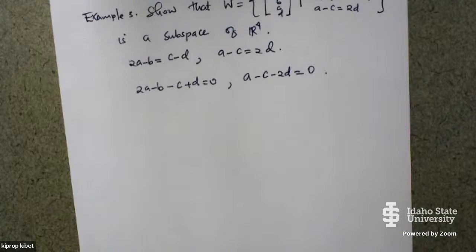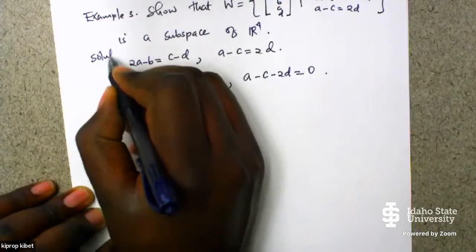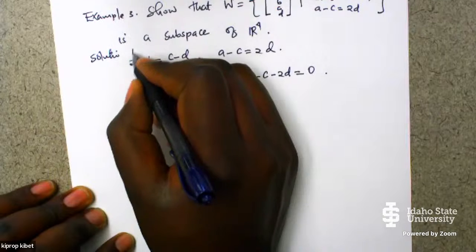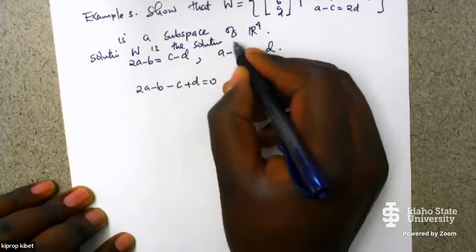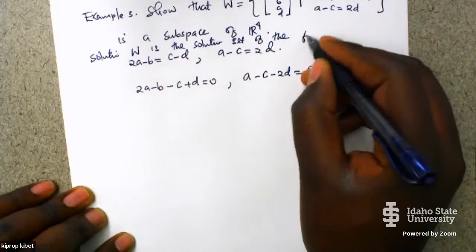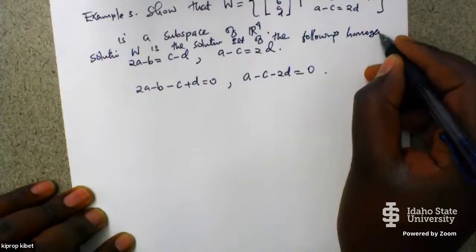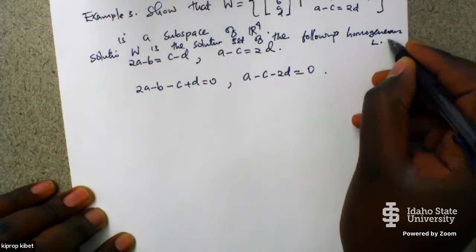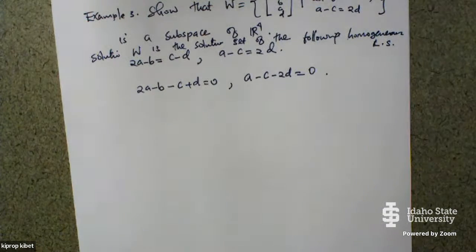So this W here is a solution of the linear system. So we can say W is the solution set of the following homogeneous linear system, whereby we have those ones.